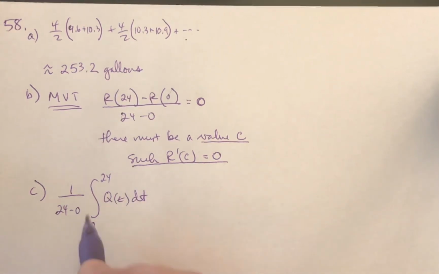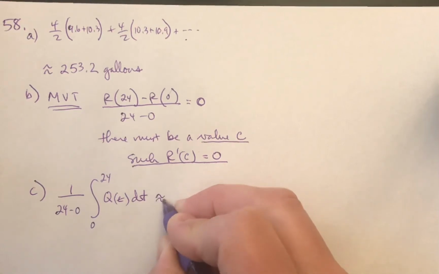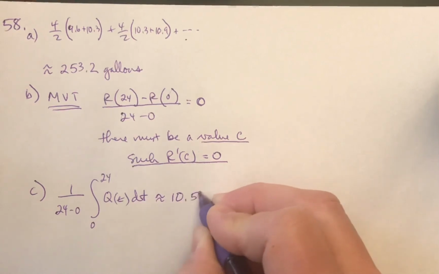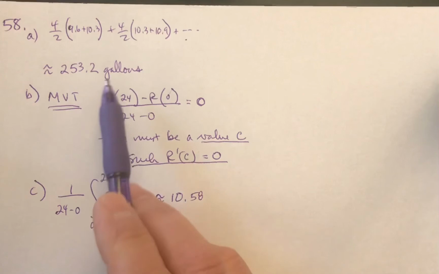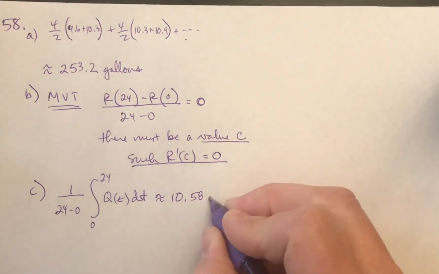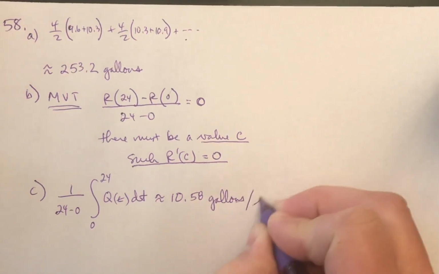And so we're just going to calculate this average value, and this turns out fairly cleanly as 10.58, and this is an average value for the rate at which the water is flowing. So this would be measured in gallons per hour.